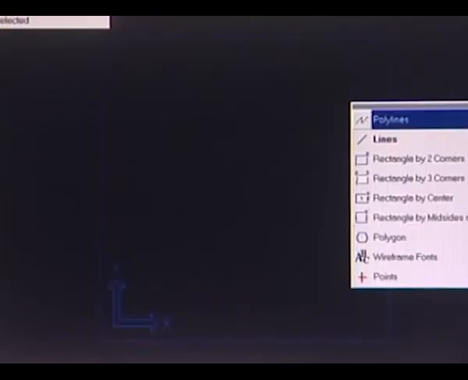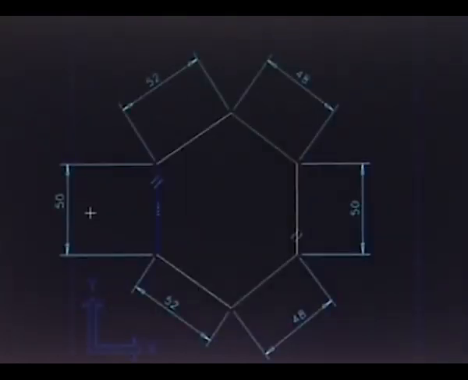Next, the bolt design. For this, we start with the polylines option and draw an irregular hexagon. We see that the dimension of each edge is different. We modify these dimensions to get a regular hexagon.